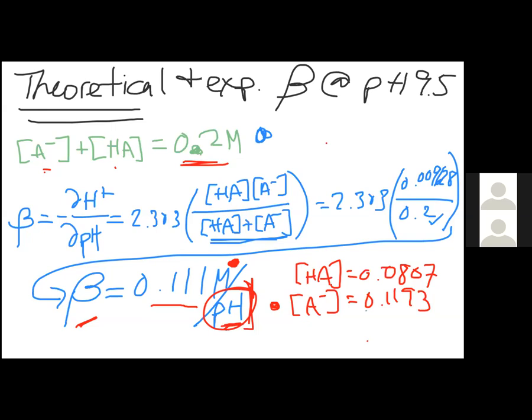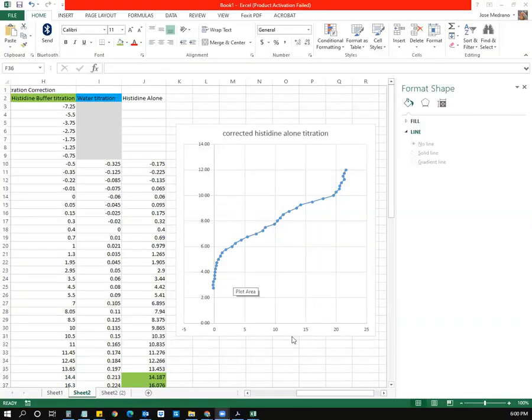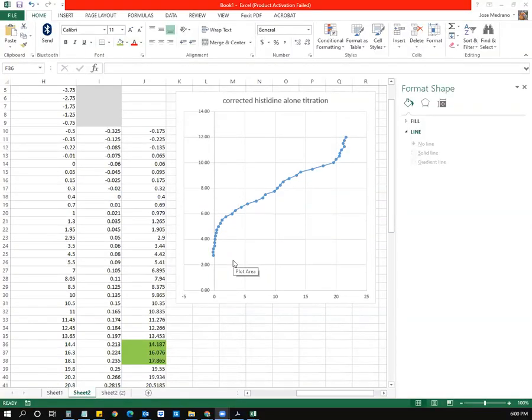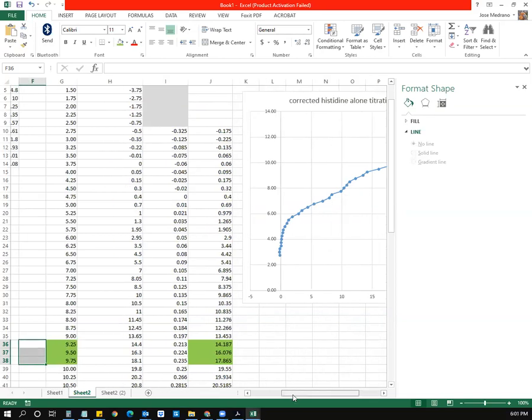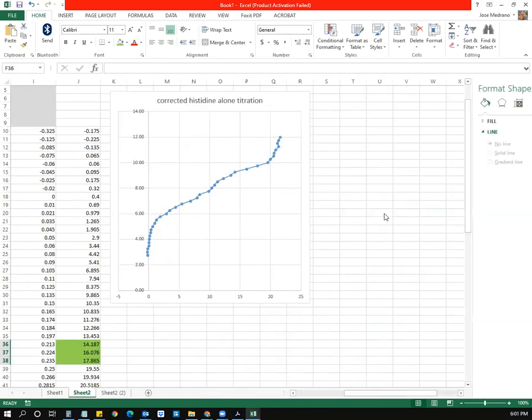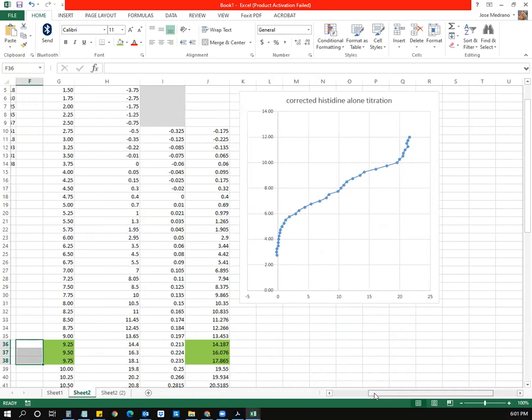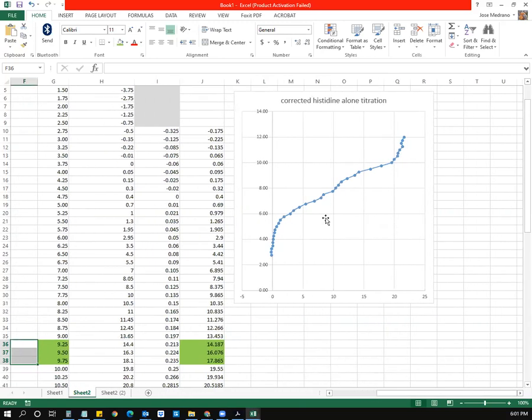So when we revisit our data, again, this question was the buffer capacity, experimental buffer capacity at 9.5. That's what I'm asking for in this example. We can take a look at this data that we had here earlier and see what values do we use from our data to find the buffer capacity.